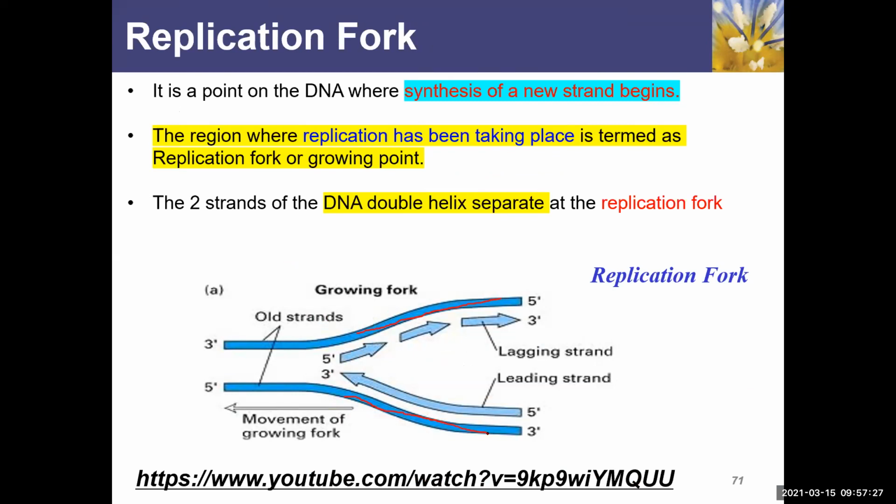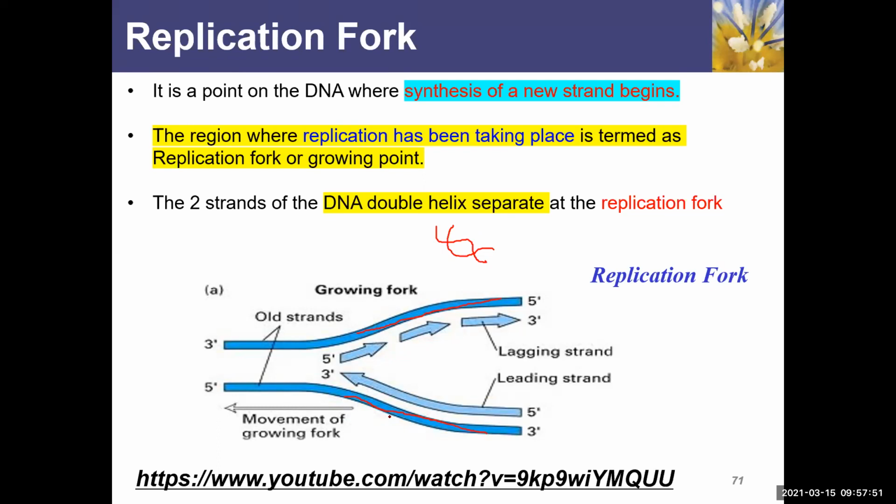As the DNA replication starts, the DNA strand is usually in a helical manner, right? So we need to unwind the DNA, and as it's unwound, when the replication begins, it results in the formation of a replication fork. So if the question says, what is a replication fork?